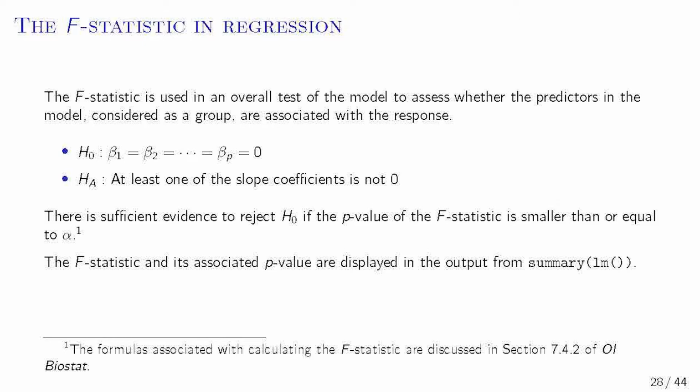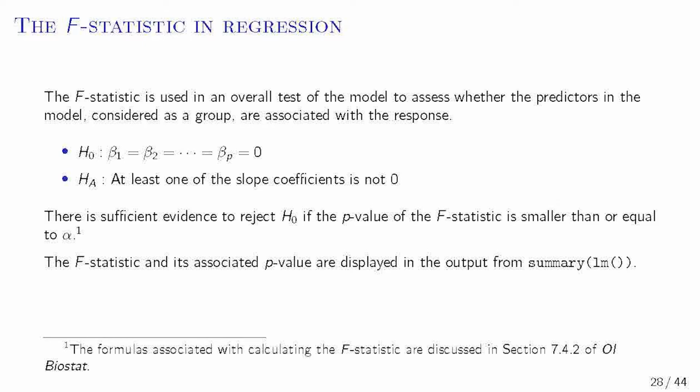We reject the null if the p-value of the F-statistic is smaller than or equal to alpha. And the good news is, the software will generate this statistic for you.